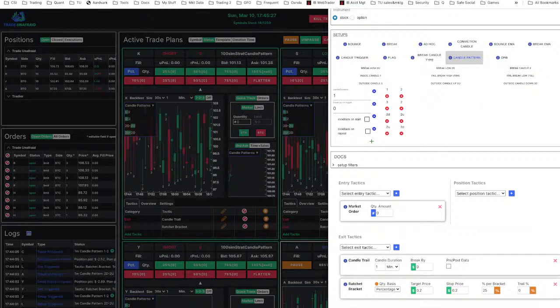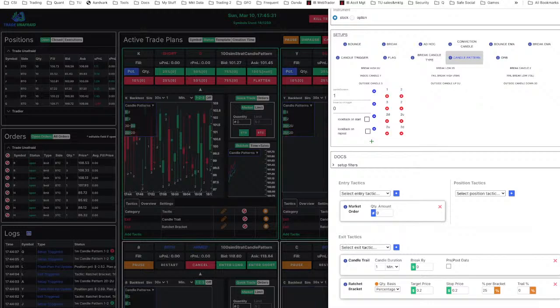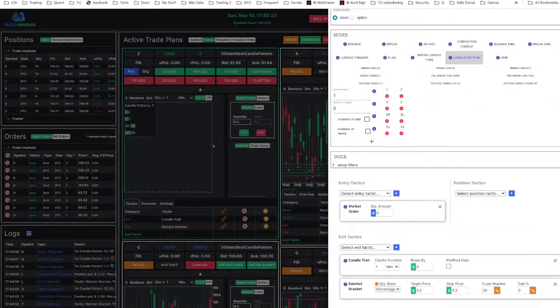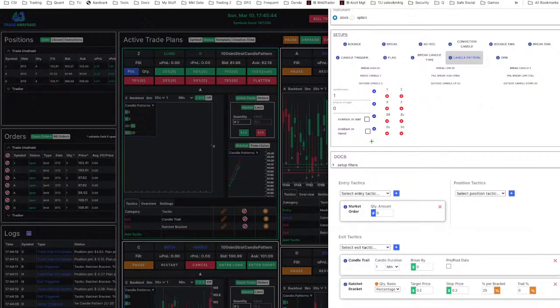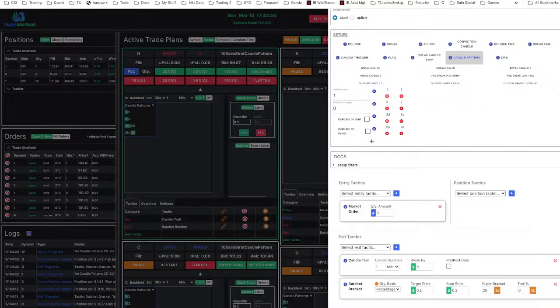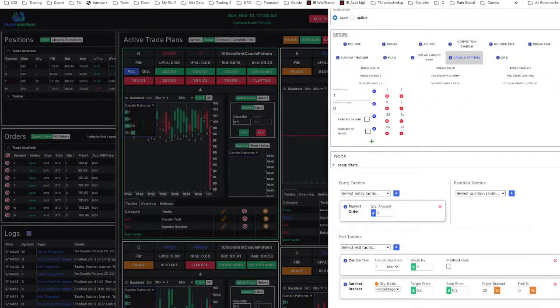So what's in this trade plan that's running in the background is we have a 1 minute candle trail, and then we have ratchet bracket. And ratchet bracket is kind of like an OCO bracket where one cancels the other, so you have a target and a stop. But what's so cool about a ratchet bracket is that they account for partial positions, and it basically moves your stop up each time you hit a target.